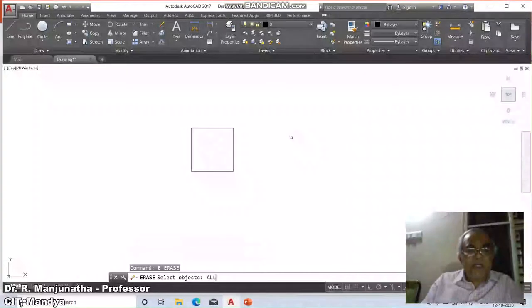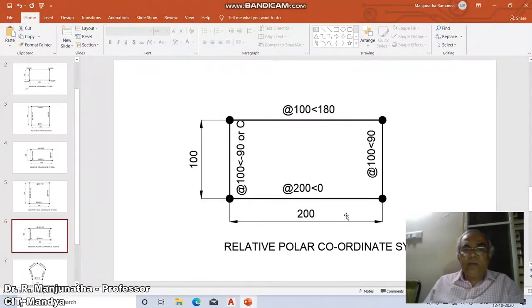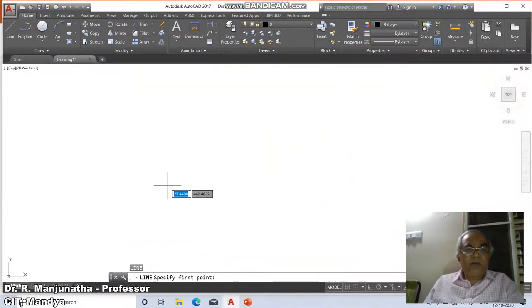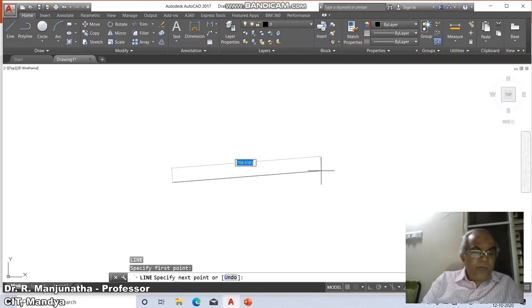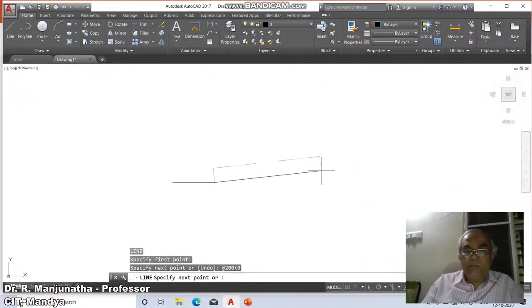Now we are going to create the same thing with reference to the relative polar by using a 200 by 100 rectangle. So to do that, command is line, select some point on the screen. So now we are moving at the rate, the position of the new point with reference to the previous point, at the rate 200 less than 0.